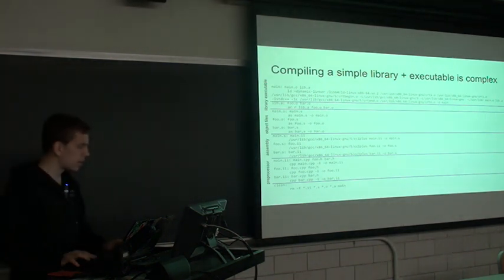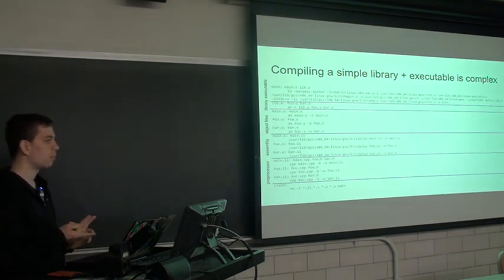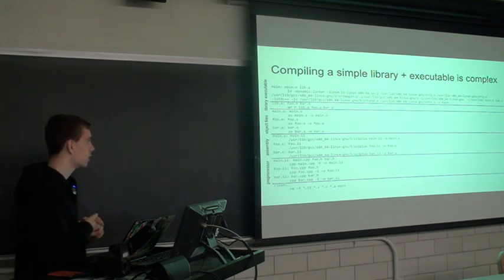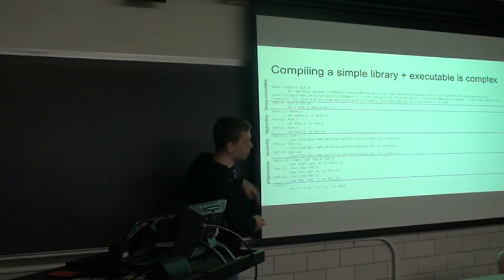So let me back up one step and explain the project we're trying to build here. So we have an executable, main.cpp, a small library, which is lib.a. It's made up of 2 different files, foo and bar.